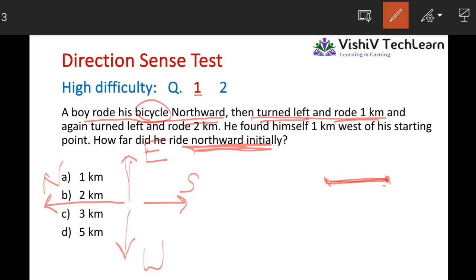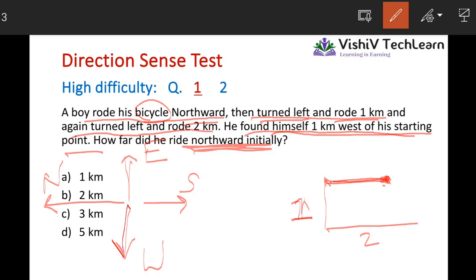So left means on this side, and he rides again for 1 kilometer. After that he again turns left and rides 2 kilometers. He found himself 1 kilometer west of his starting point. So this is the starting point, and he found himself 1 kilometer on the west.